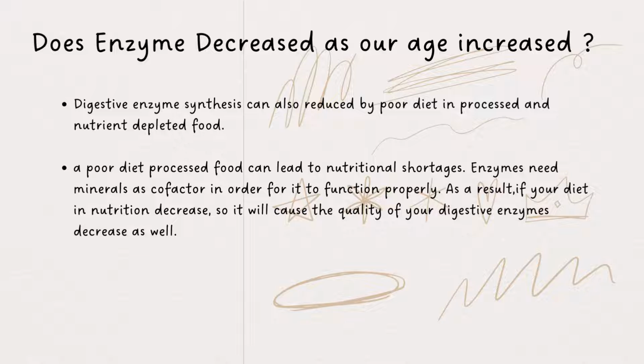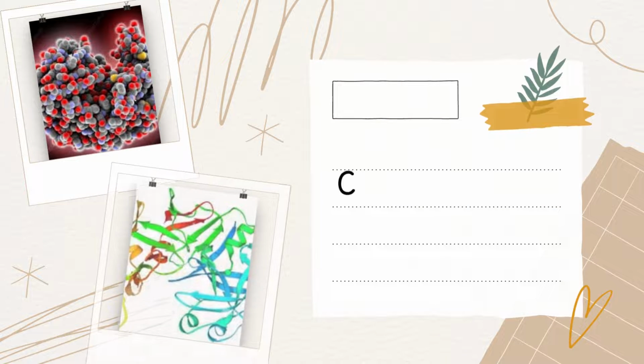Consider all your wonderful years spent lounging on the sofa while eating fast food like Kentucky Fried Chicken, McDonald's, and any other fast food. These meals need a massive number of digestive enzymes to be efficiently broken down. This is because they are extensively processed and no longer contain the enzymes found in fresh raw food.